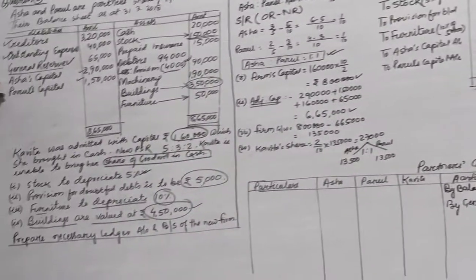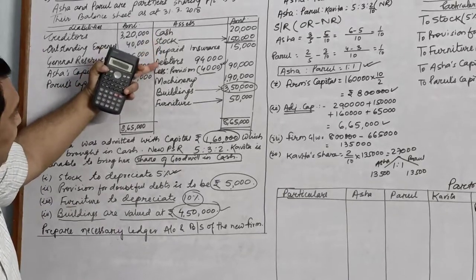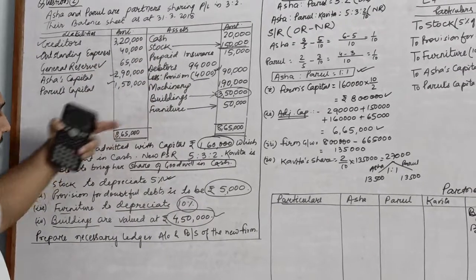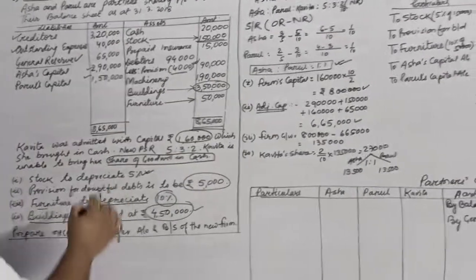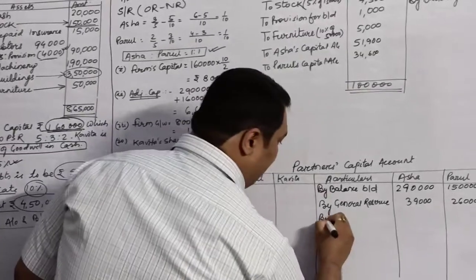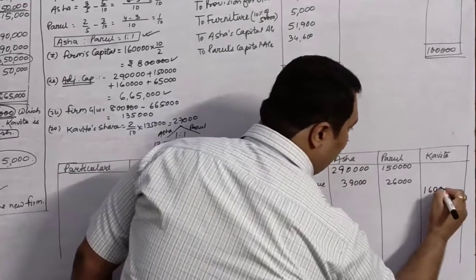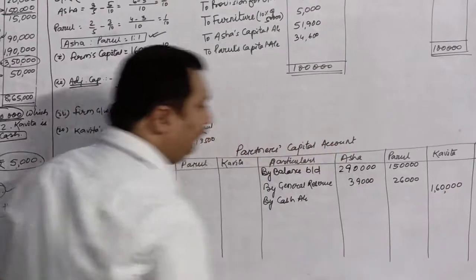After general reserve, we have the capital of the partners. On the asset side, we do not have any item which may be written off amongst the partners. Next line is Kavita bringing her capital 1,60,000. So we will write by cash account. In Kavita's column, I will write 1,60,000.